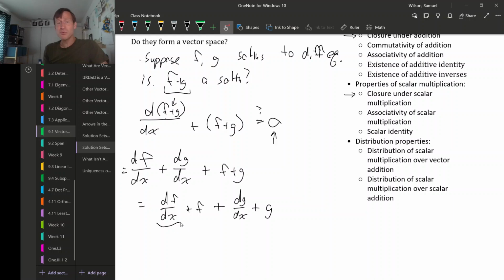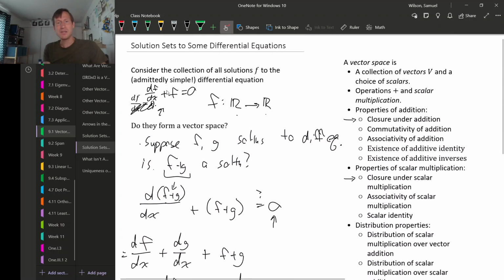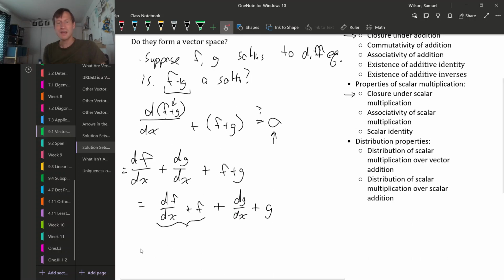Well, remember, f was a solution to this differential equation, so the derivative of f plus f itself does equal 0. So these first two parts add up to 0. By the same token, g is a solution to the differential equation, so dg/dx plus g is also equal to 0. So altogether, we get 0.